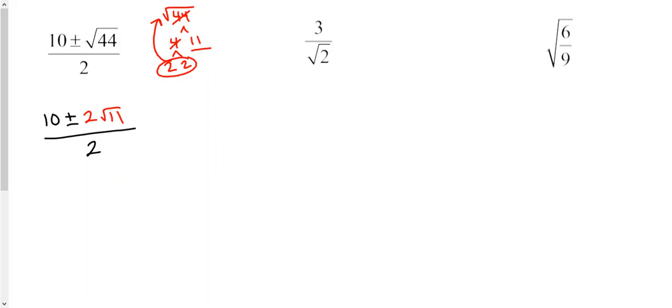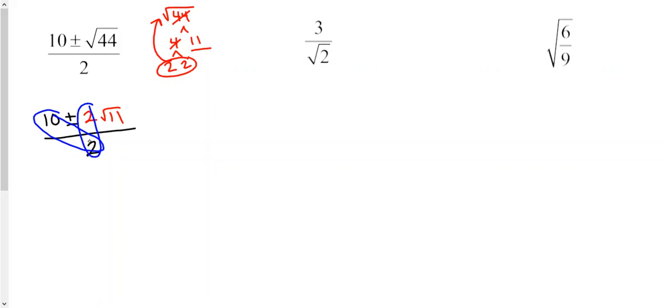Because we have a fraction, I have to check, can everything be divided by this bottom number? So can I do 10 divided by 2? Yes. With this, we only care about the number in the front. So can I do 2 divided by 2? Let me redraw that a little bit. And yes, I can.